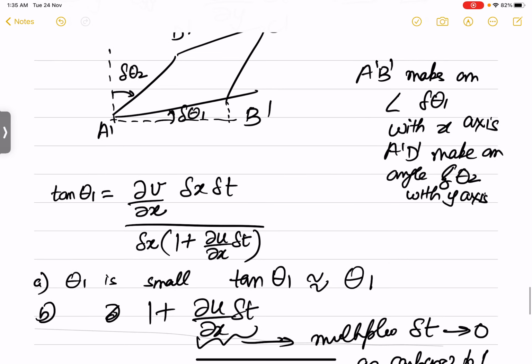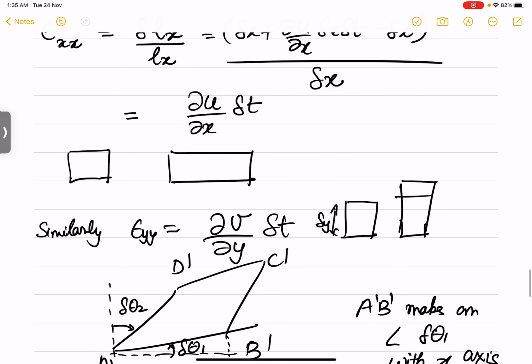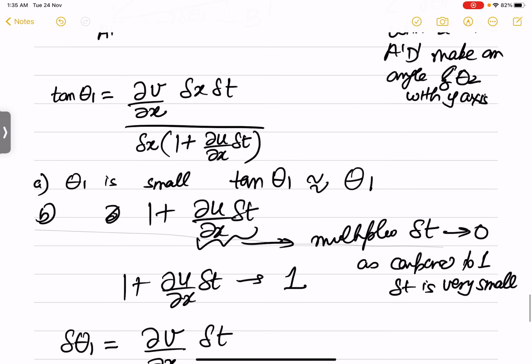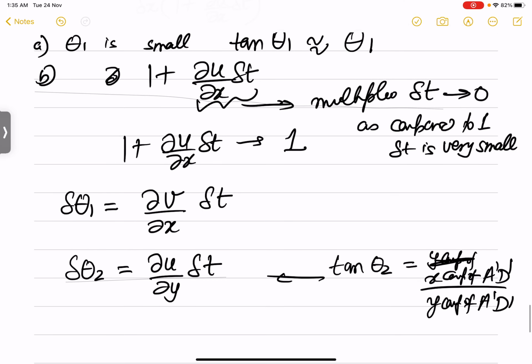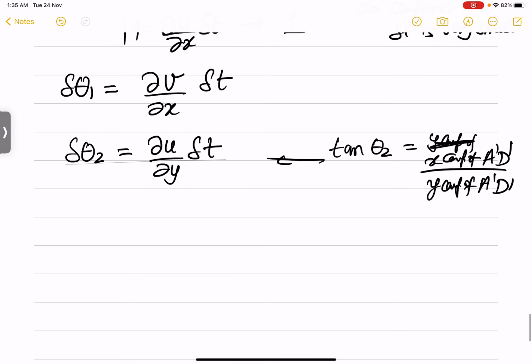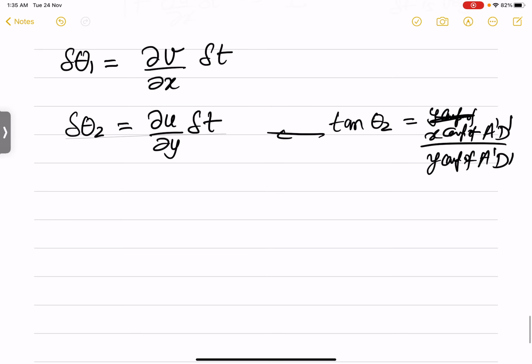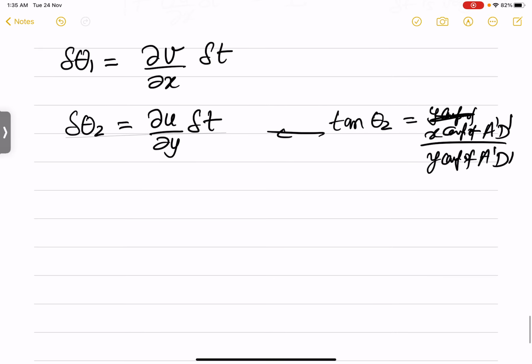The length pulled in the y direction is partial v by partial y delta t, the angle delta theta 1 is partial v by partial x delta t, and delta theta 2 is partial u by partial y times delta t.